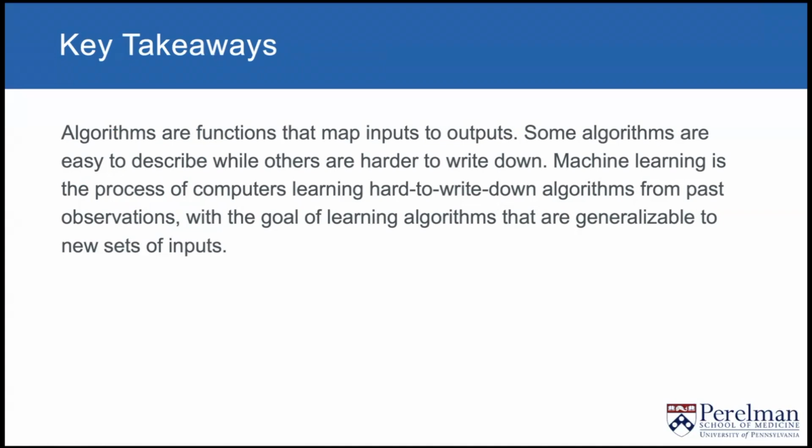Some of these algorithms are easy to describe and write down, and others are a lot harder. So the goal of machine learning is, instead of figuring out how to write down an algorithm explicitly, to learn this algorithm by seeing many, many examples of past observations and past data. This really mimics how we as humans also learn. And the goal of not just machine learning, but any form of learning, any form of discovering new algorithms, is to be able to generalize to new sets of inputs.